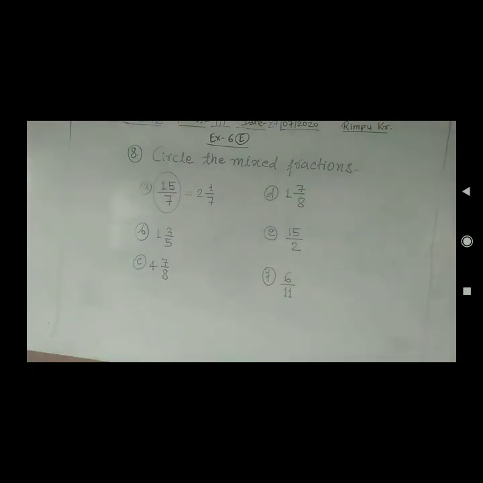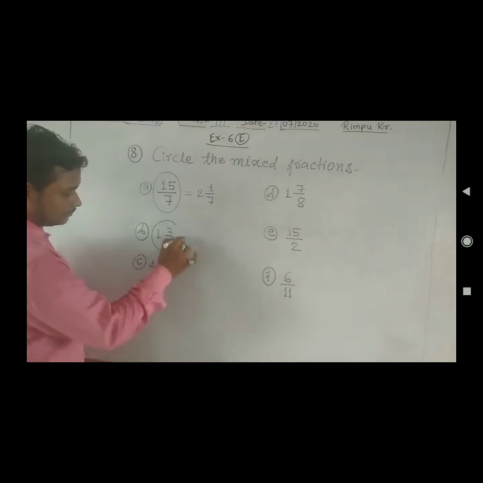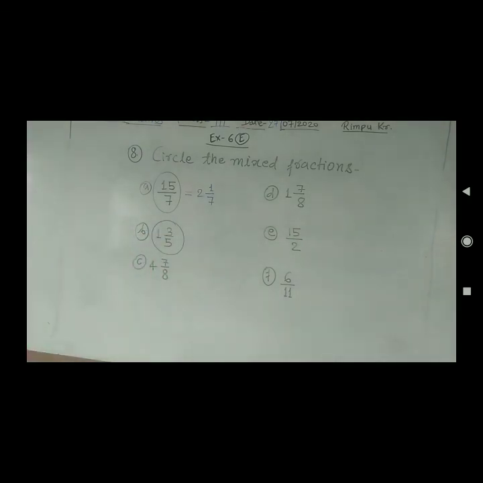Now in question number B, you can clearly see that here is 1 whole 3 upon 5. That means it is a mixed fraction. It's an example of mixed fraction. Again in question number 8C, you can see here it is clearly more than 1. Here is 4 whole 7 upon 8. That means it is in the form of a mixed fraction.